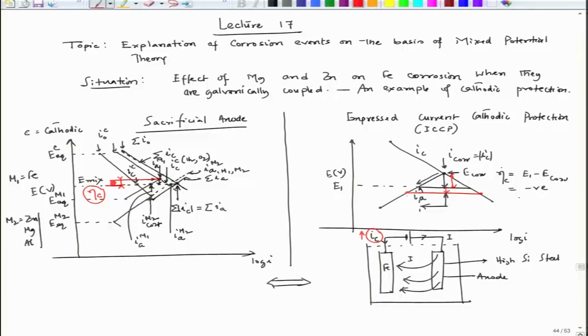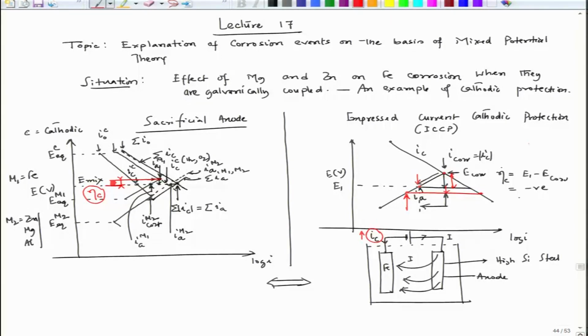Now the corrosion current density, or the dissolution current density of iron, would go from this to this. Initially, it was here when there was no current flow in the system, but once we started flowing the current into the system, depending on the amount of current we are sending, I can change the overvoltage, and accordingly I can change the rate of dissolution of iron.